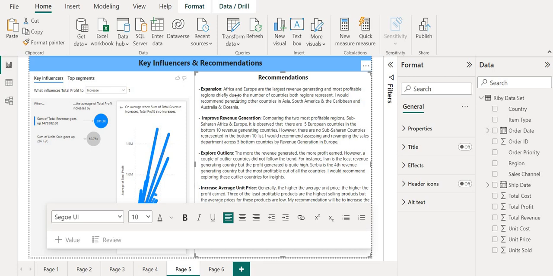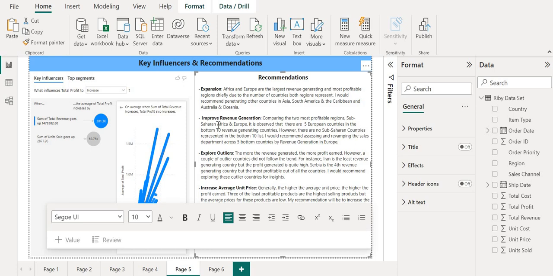So the more countries you're in, the more revenue or profit you're likely to generate. So I would recommend penetrating other countries in Asia, South America and Caribbean, and Australia, which would be good to increase profits and revenue.